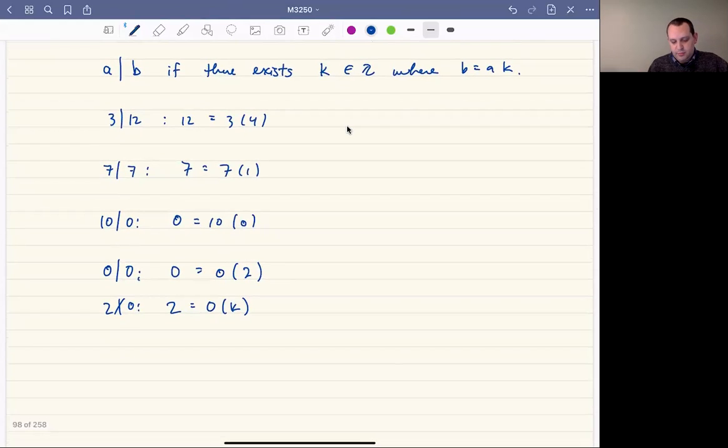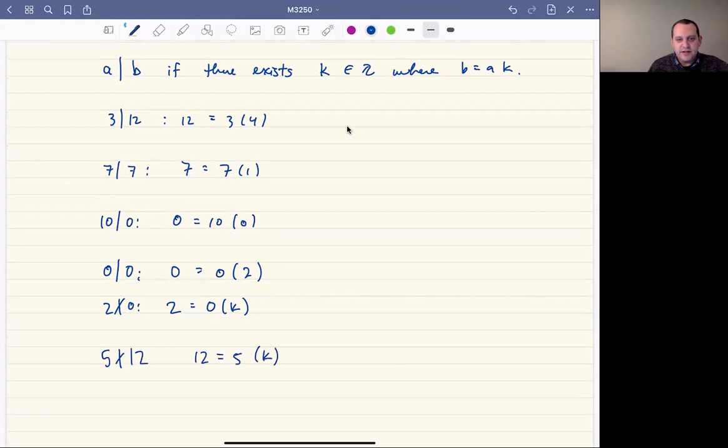But these are all good examples. This is our notation that we're going to use. So for example, 5 does not divide 12, again because there's no integer k such that 5k is equal to 12.